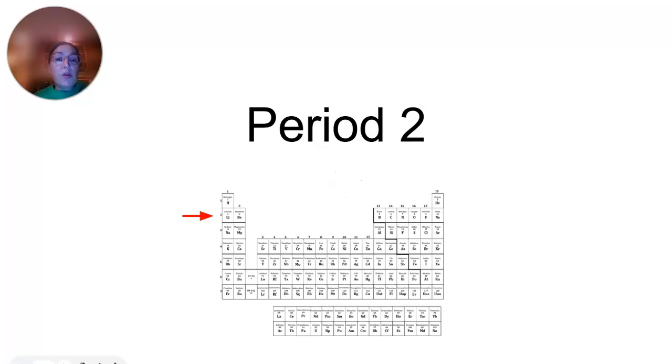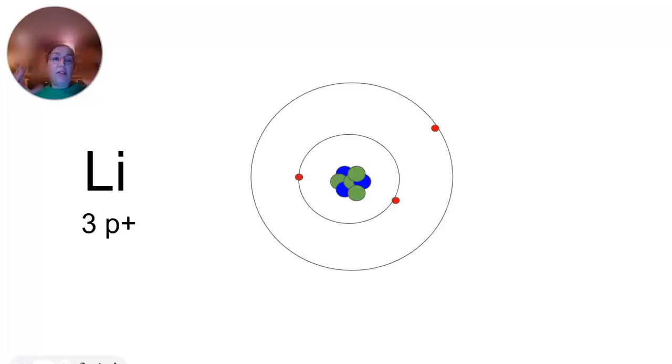Let's go to period 2. Let's add a whole other shell. That's why as we go down from hydrogen to lithium, we add a whole other energy level or shell. So radius gets bigger as we go down from hydrogen to lithium, down the alkali metal column.